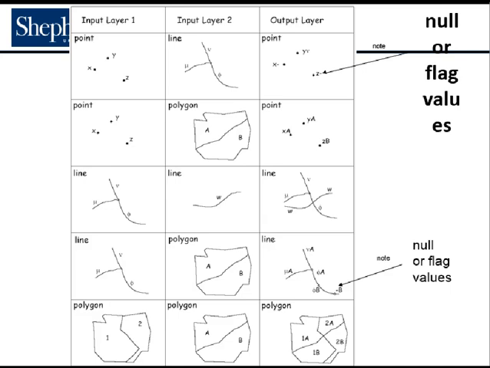This results in an unknown or null value assigned for the polygon or line attributes in the output point feature. And they're indicated in the drawing with a negative sign. So, for example, in the top right we see Z minus. So this denotes that the polygon attributes are not recorded.